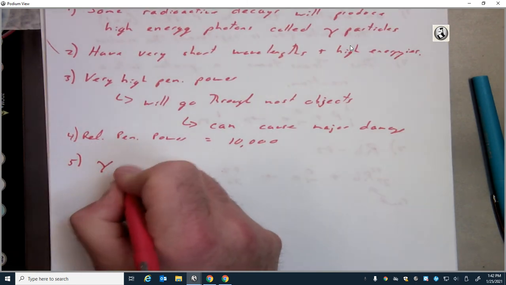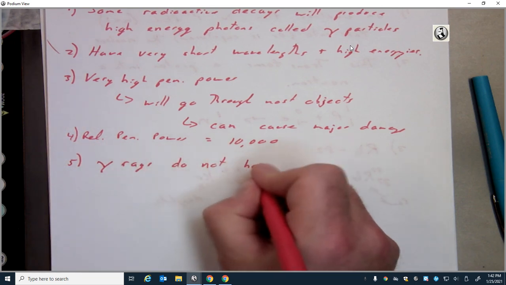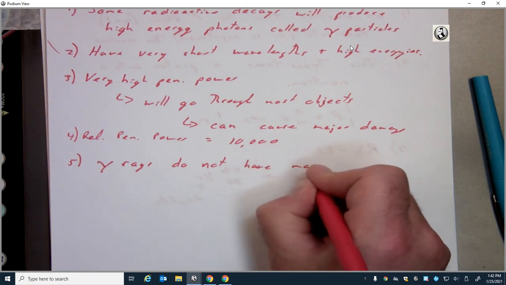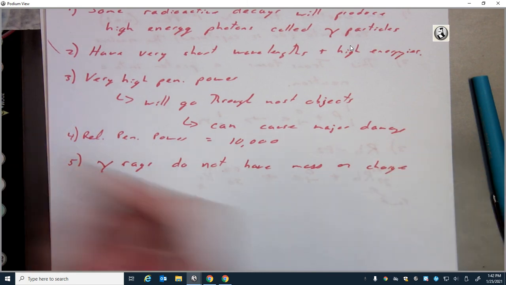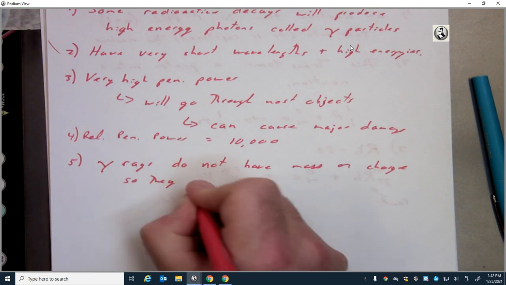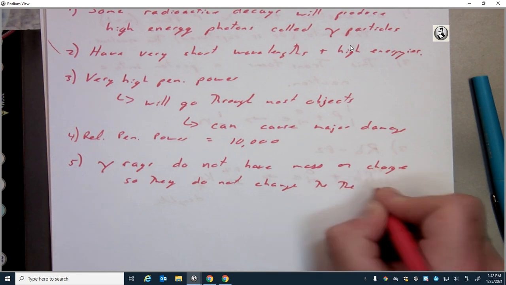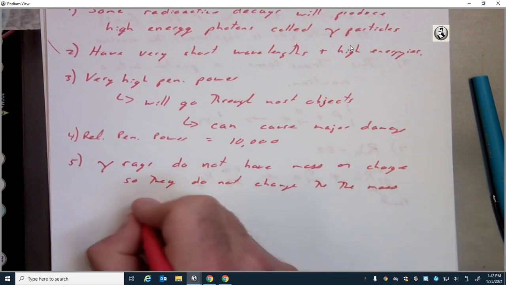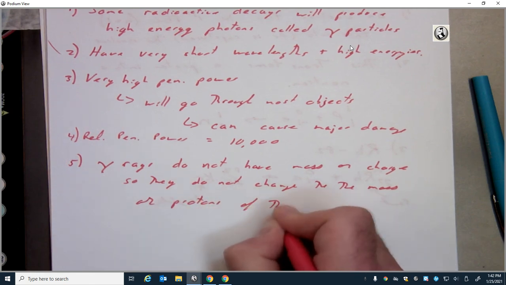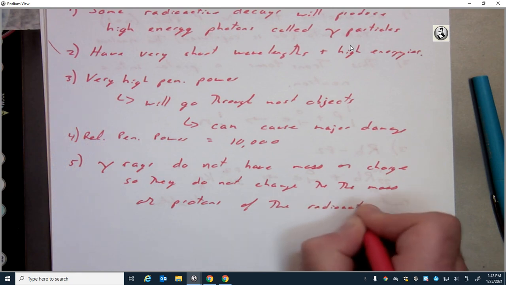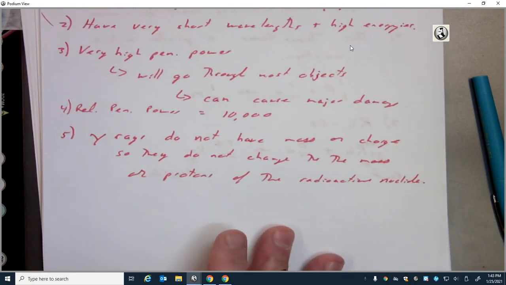So our gamma rays do not have mass or charge. So they do not change the mass or protons of the radioactive nuclide.